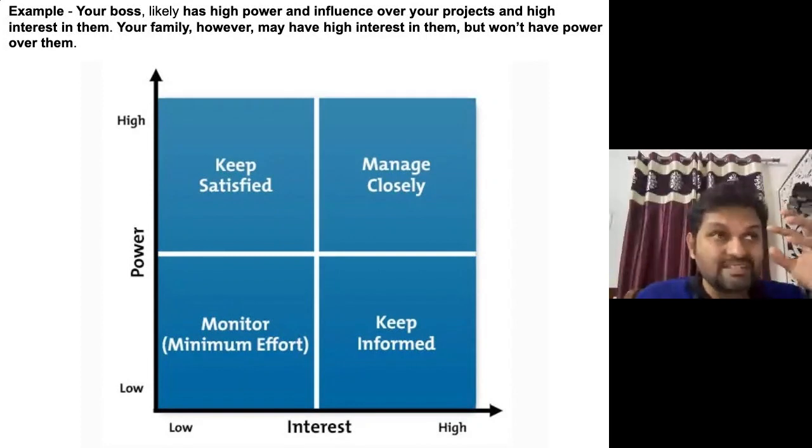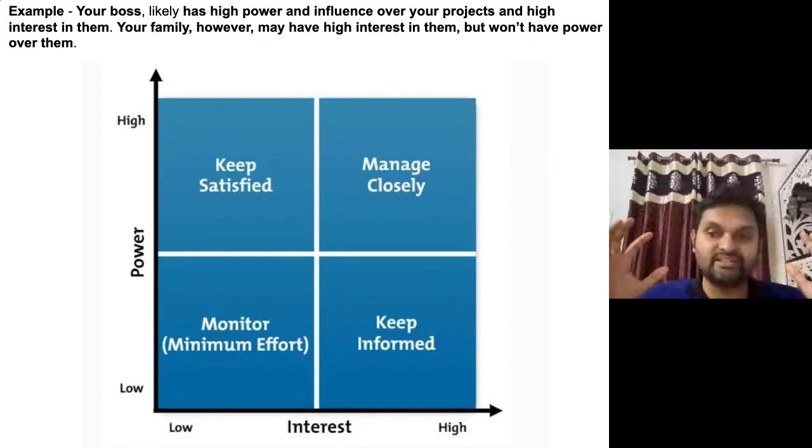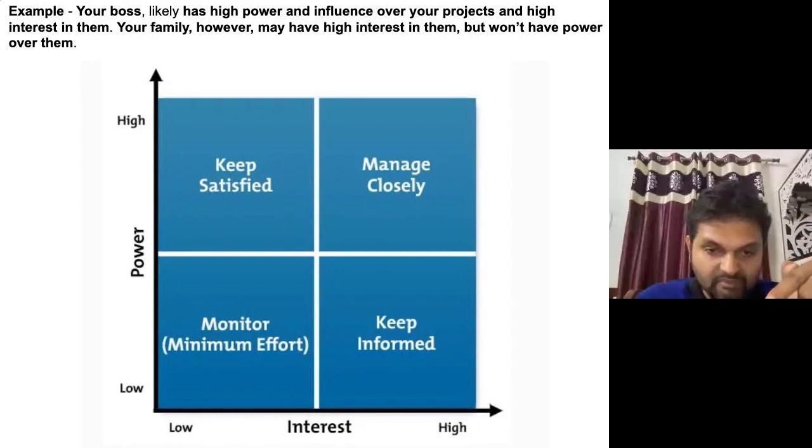How exactly do I give the priority? On the basis of how much interest the person has in my project and how much power he has to influence my project. Again, listen to me. On the basis of that, I'm going to categorize them.